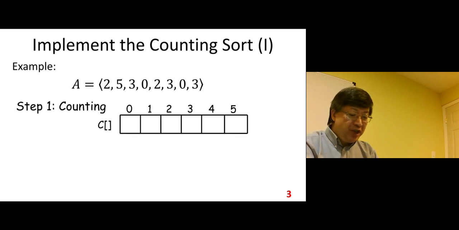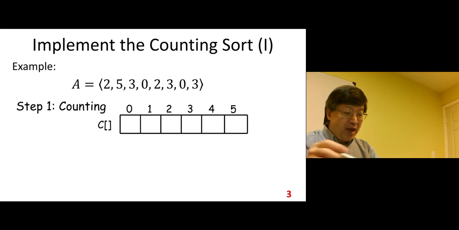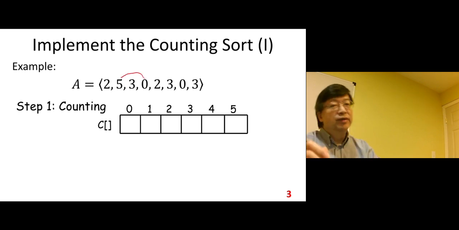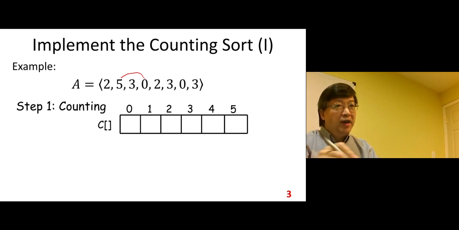We use a counter array, the C array. Because the values are in the range from 0 to 5, we arrange 0, 1, 2, 3, 4, 5. 6 locations, 6 counters.